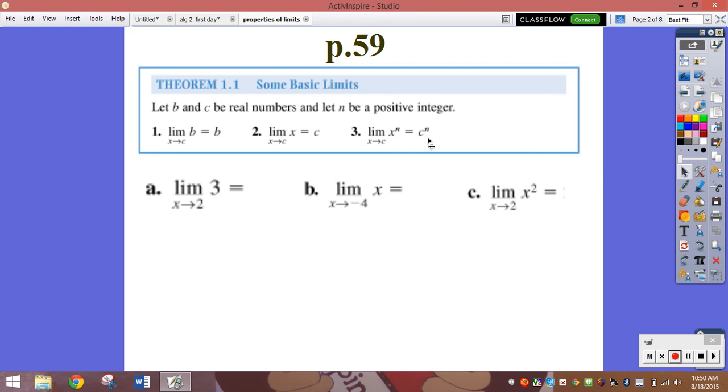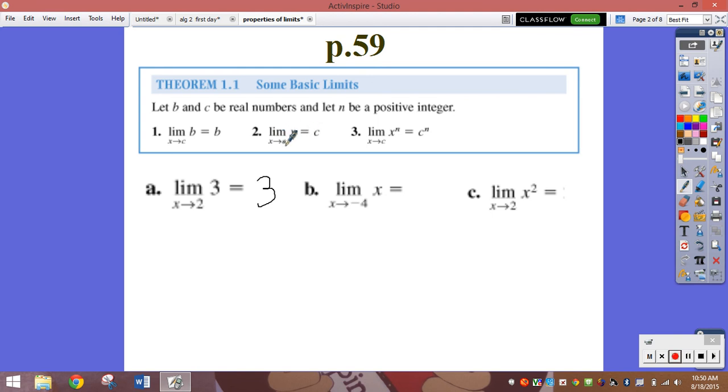power n represented. And so just to apply these three basic properties, A would be like number 1, where we just have a constant. So our limit would be equal to whatever that constant is. B, limit as x approaches negative 4 of x. Again, this is like number 2.